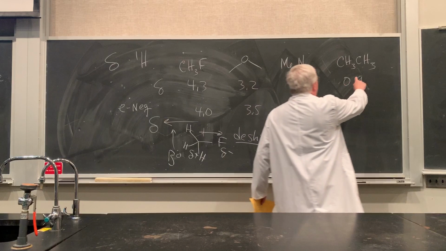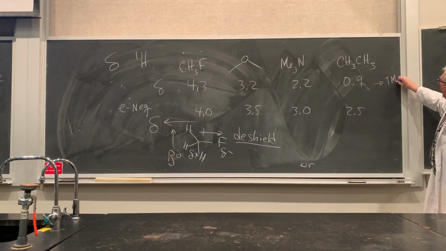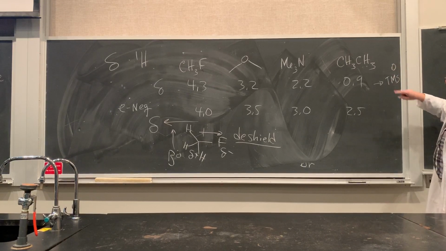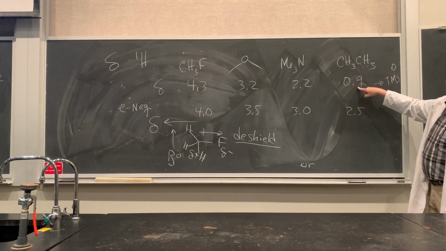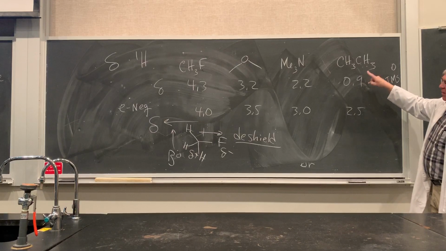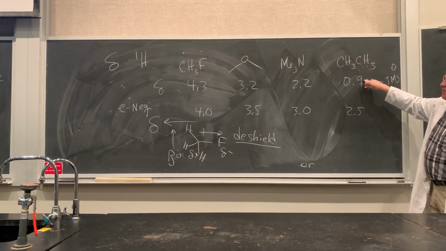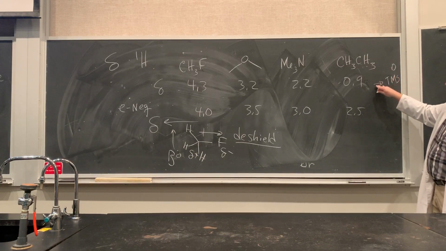Notice here compared to ethane, that's up here close to TMS. TMS is what? It's 0, okay? That has a silicon on it. But now we have a carbon here, 0.9, very what? Not electronegative. So it's shifted to a lower frequency, being more shielded, closer to 0, closer to TMS.